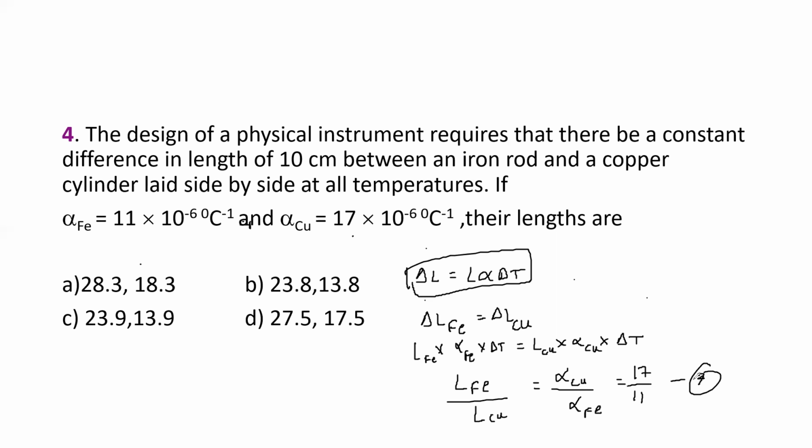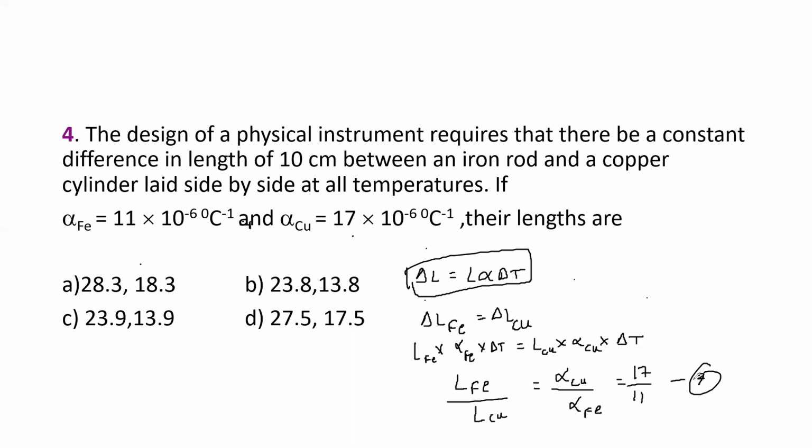So from equation 1, we also know that the lengths are given, that is the instrument, the length difference of 10 centimeter between an iron and a copper rod they have given. The length difference is how much? It is 10 centimeter. So therefore, how can we write it?